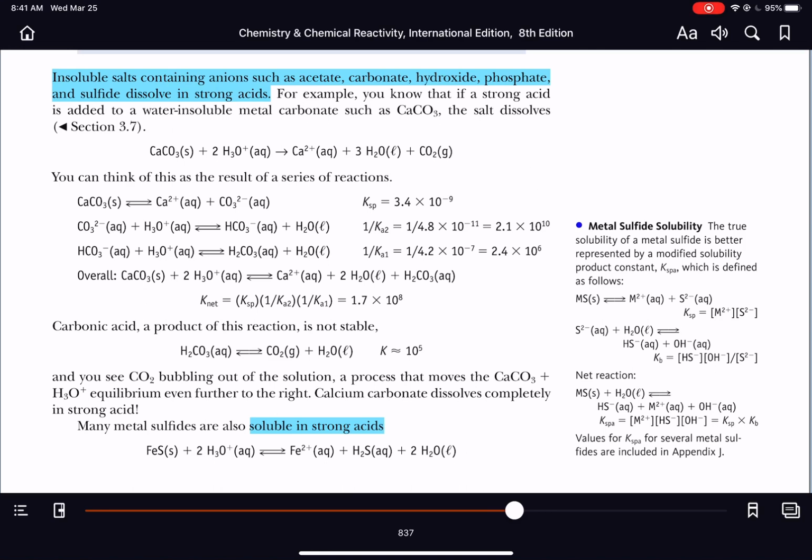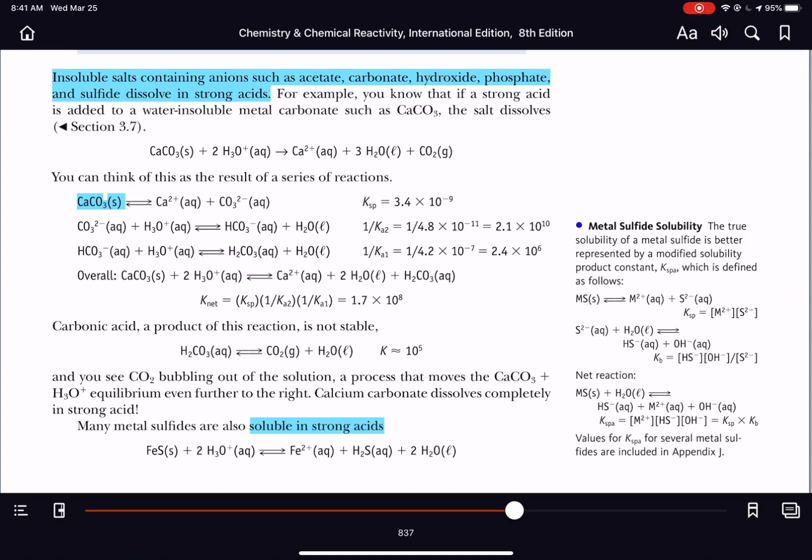Here you have 4 equations in a row, beginning with calcium carbonate right there, and calcium carbonate dissociating into calcium ions and carbonate ions doesn't happen readily. Notice that its Ksp is 3.4 billionth.